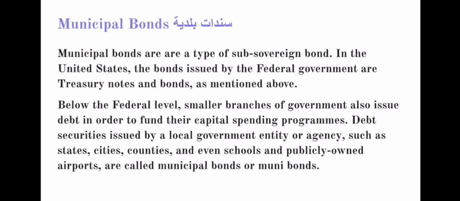Below the federal level, smaller branches of government also issue debt in order to fund their capital spending programs. Debt securities issued by a local government entity or agency, such as states, cities, counties, and even schools and publicly owned airports, are called municipal bonds or muni bonds.